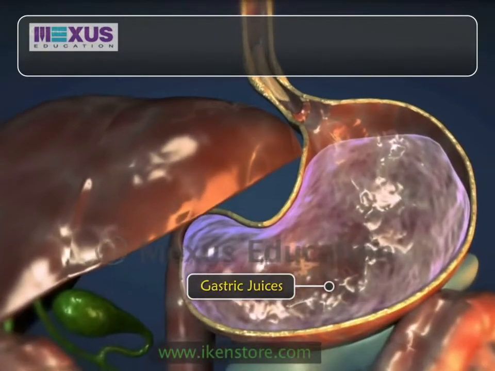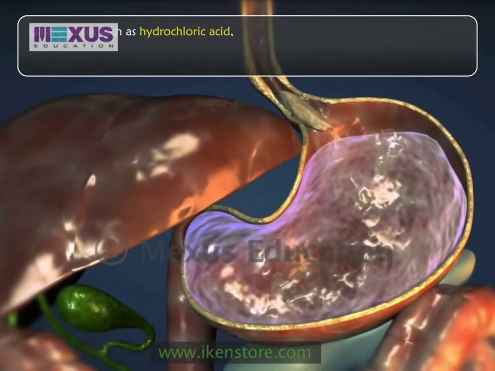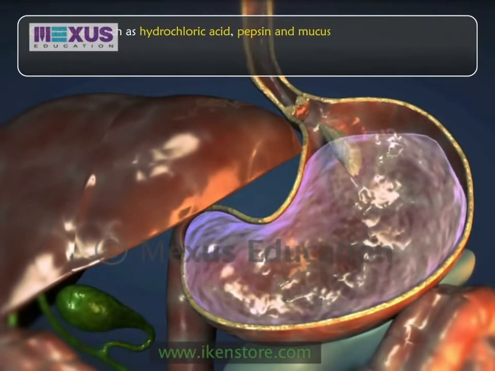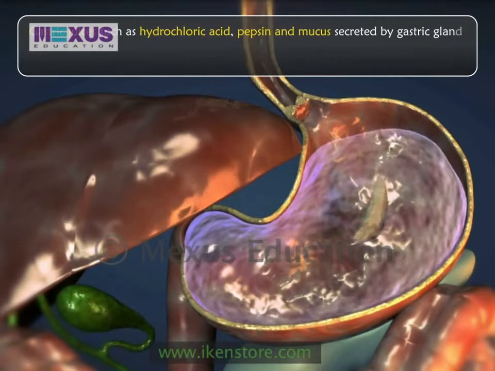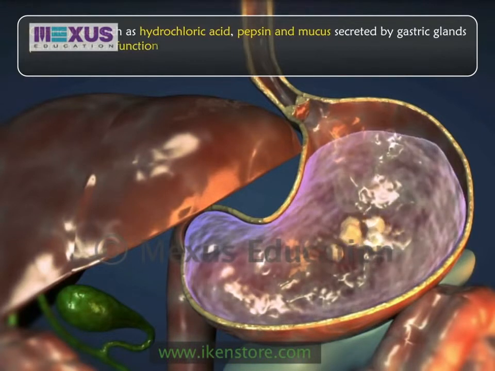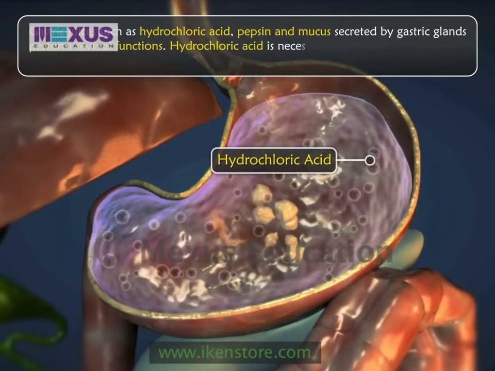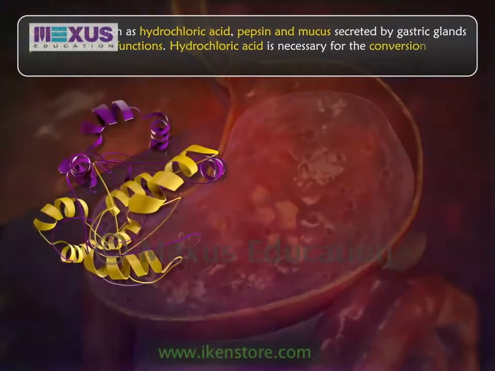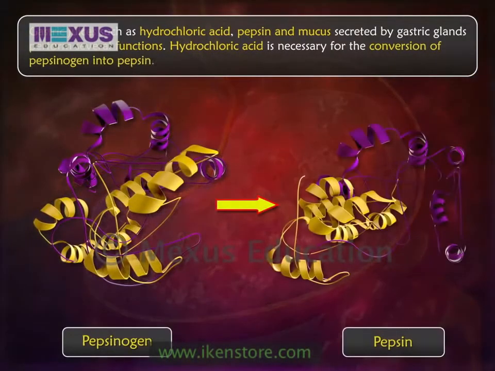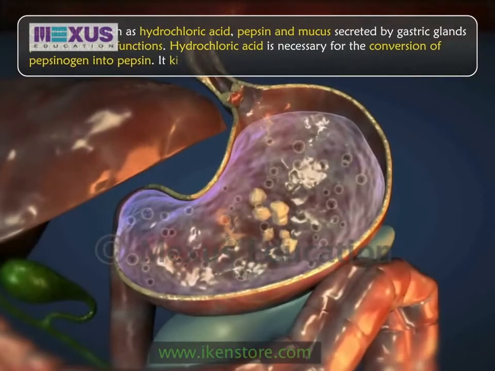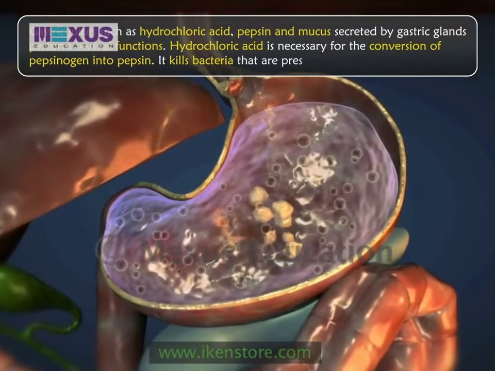Gastric juices such as hydrochloric acid, pepsin and mucus secreted by gastric glands perform several functions. Hydrochloric acid is necessary for the conversion of pepsinogen into pepsin. It kills bacteria that are present in the food.